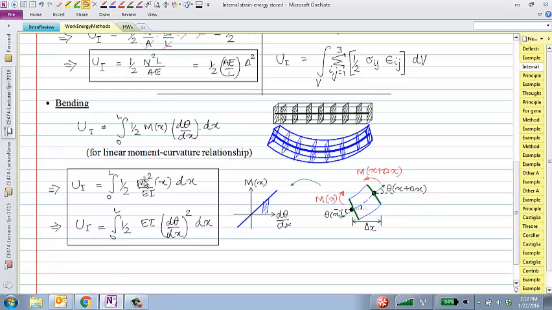So for example, if m is some long polynomial expression, you just take that big long polynomial expression, square it, and it would still be a polynomial expression, and you just integrate it from 0 to L. Okay.